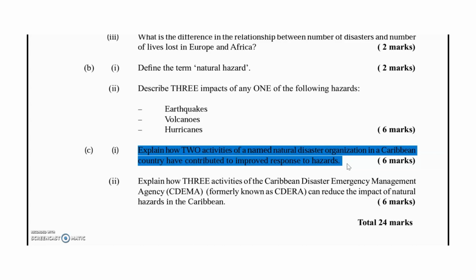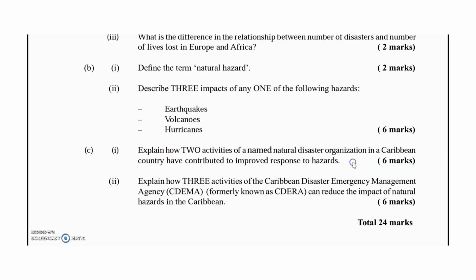and that is situated in Trinidad. Two activities in which they are actively engaged, which can in fact contribute to improved response to hazards, are number one, they aid in mobilizing first responders to reach the scene and are actively engaged in the efforts of volunteers to aid in remediation efforts.